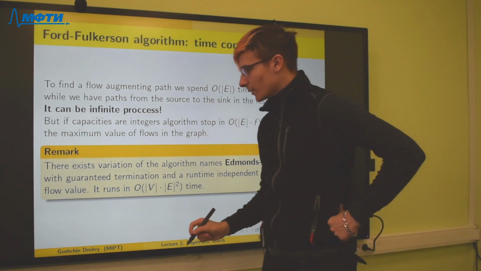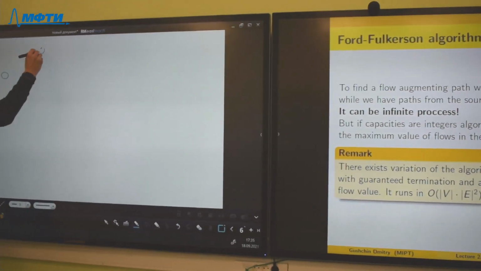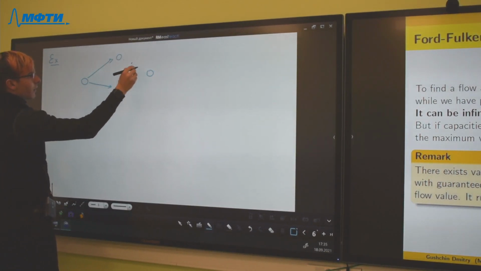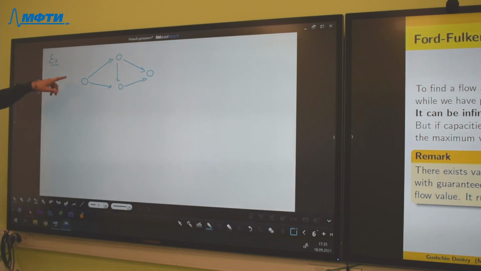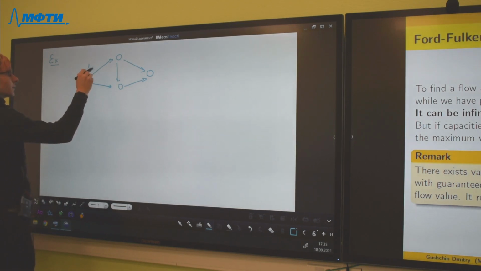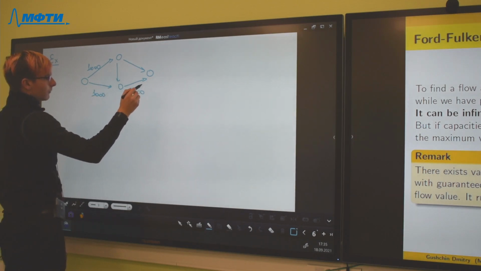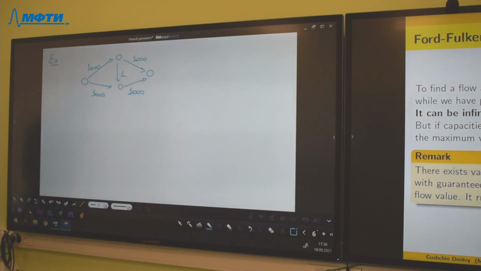For example, if we draw a similar graph, but the capacities of 4 of these edges will be equal to 1000, for example, and this capacity equal to 1.